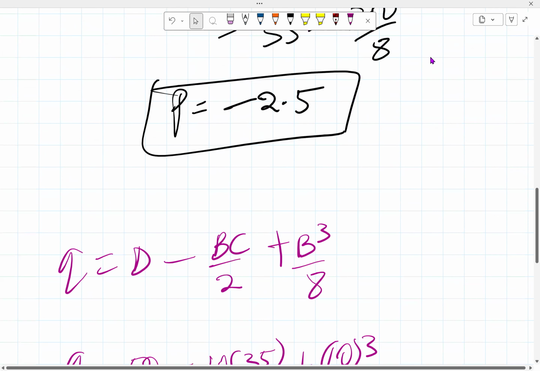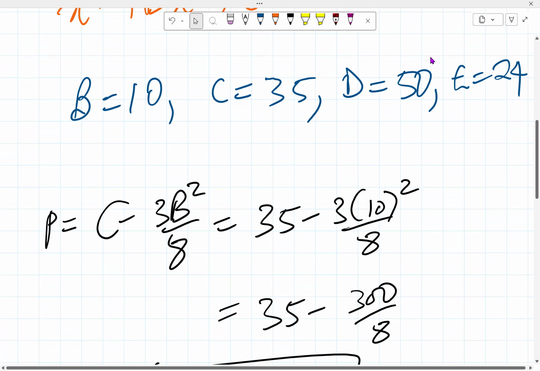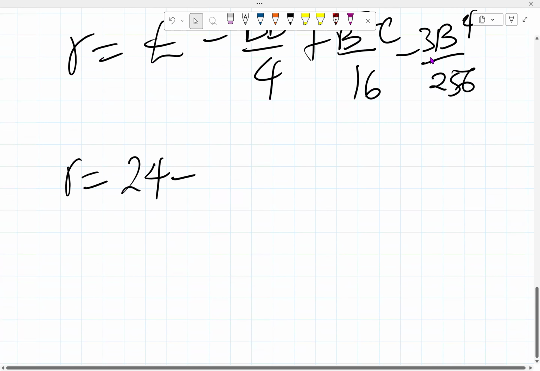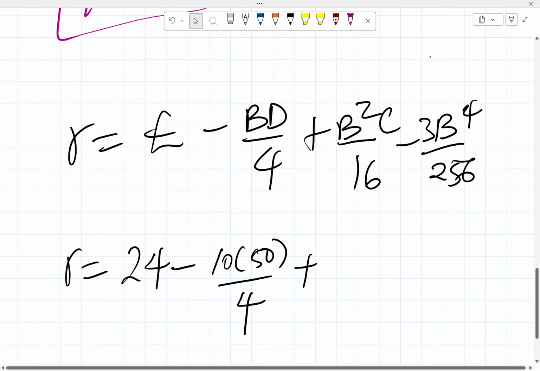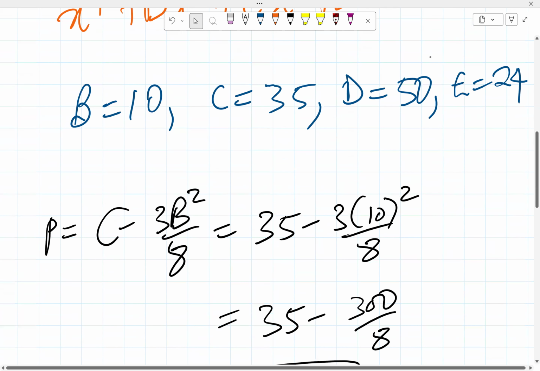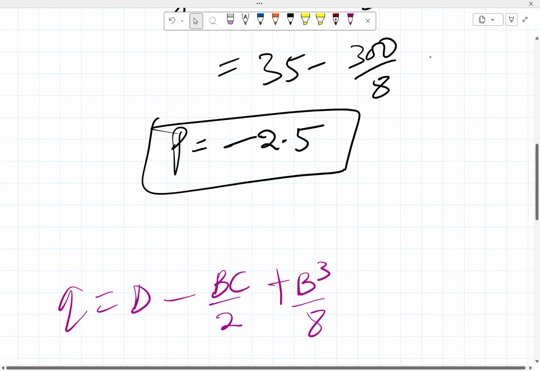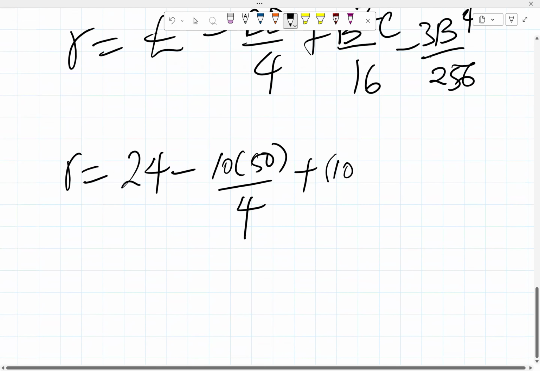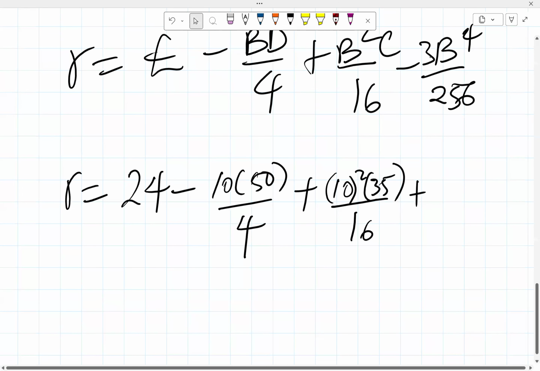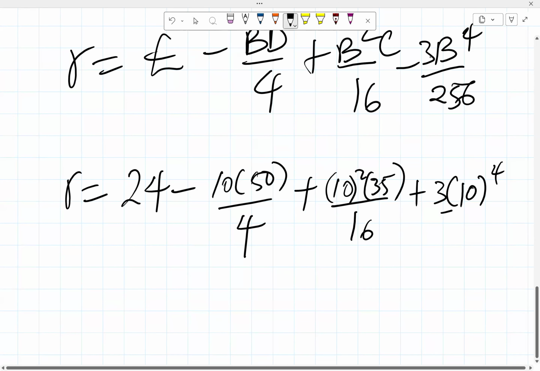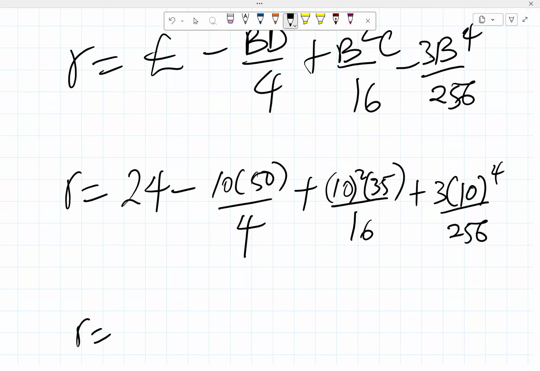B is 10, D is 50, so 10 times 50 all over 4, plus B squared C, that is 10 squared times 35 over 16, then minus 3 times 10 raised to power 4 over 256. Okay, I'll just punch the calculator for this also and get the answer straight up.